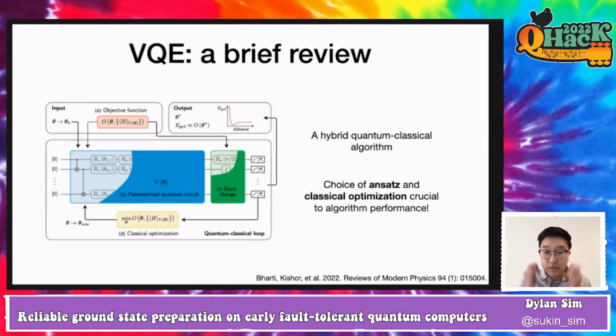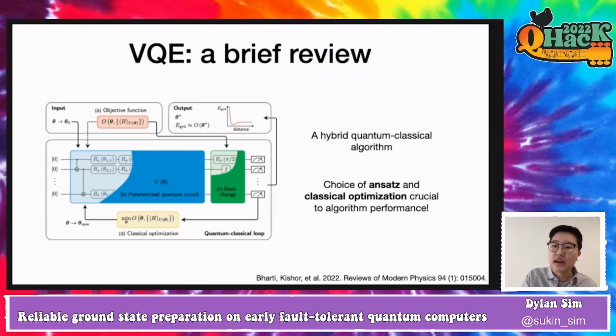And by estimating expectation values using measurement outcomes from your quantum computer, you feed this data into the classical optimizer to update the parameters of your parameterized quantum circuit. And in a scheme like VQE, the choice of the parameterized circuit or the ansatz, as well as the classical optimization of these parameters, have been shown to be crucial to the performance of the algorithm.